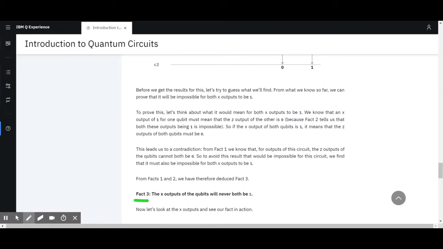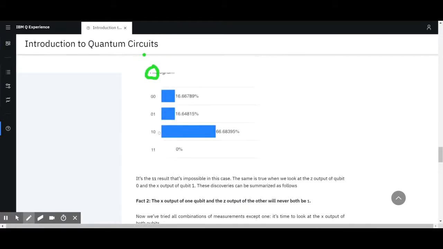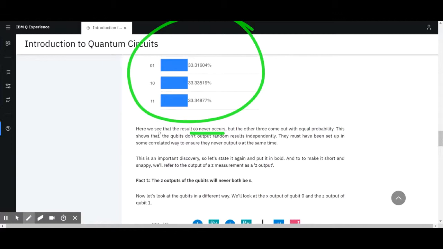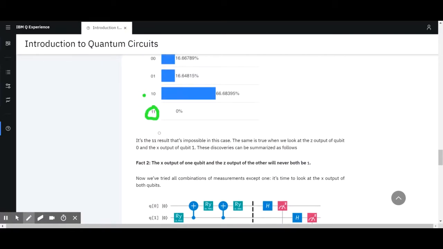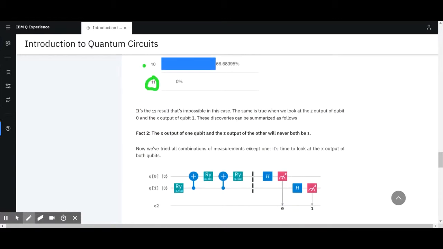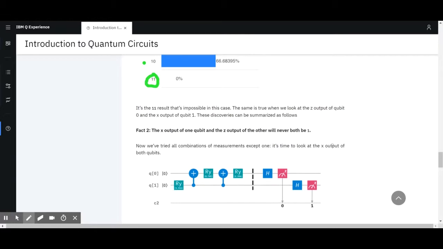Okay, I see. Sorry, I'm skipping some of the details. Maybe that's the wrong thing to do. So what they say is Fact 1 says the Z outputs will never be both 0. Fact 2 says the X output of one qubit and the Z output of the other will never be both 1.